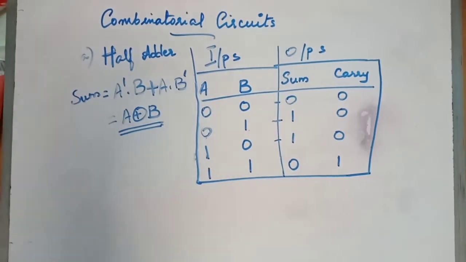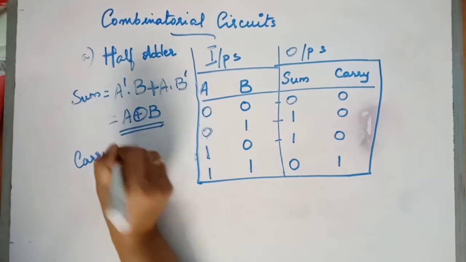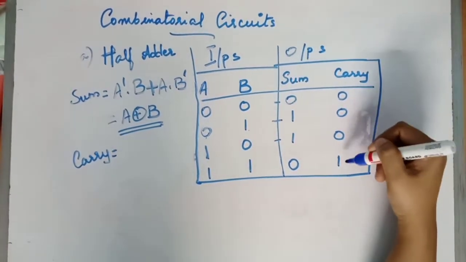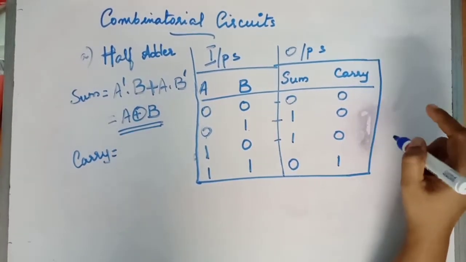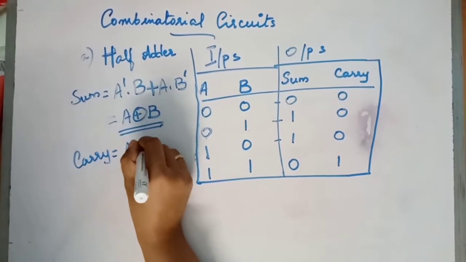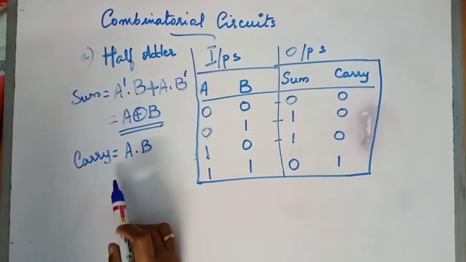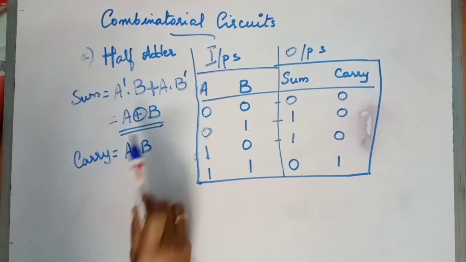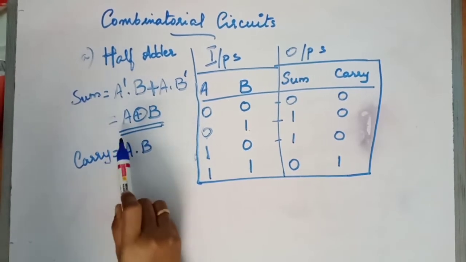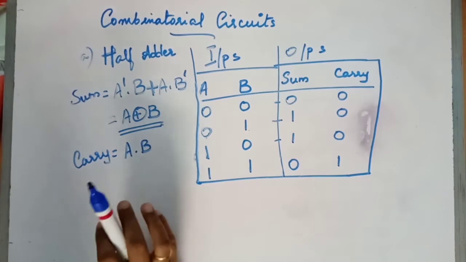So next is carry. Now, when is carry equal to 1? Carry is equal to 1 only in one case: when both A and B are equal to 1. If we substitute and see, A XOR B is equal to 1 only if A and B are different.